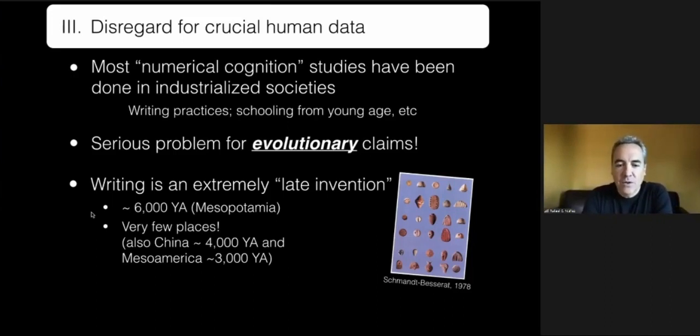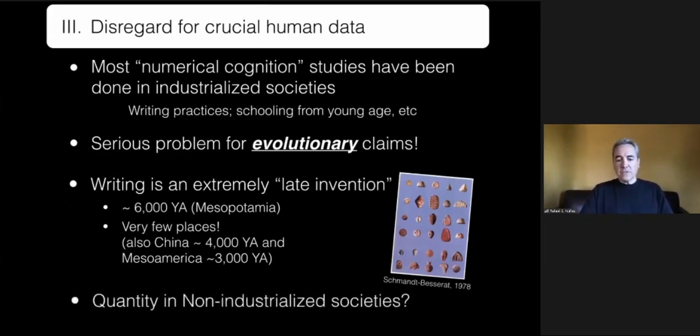If we take the Homo sapiens species to be 250,000 years old or something, depending on who you ask, most of the history of humans, let alone the hominin lineage, is without writing. So what we need to understand is the role of this new practice in the whole thing. What happens in societies that deal with quantities without it? That may give a better picture of humanity before the invention of writing.